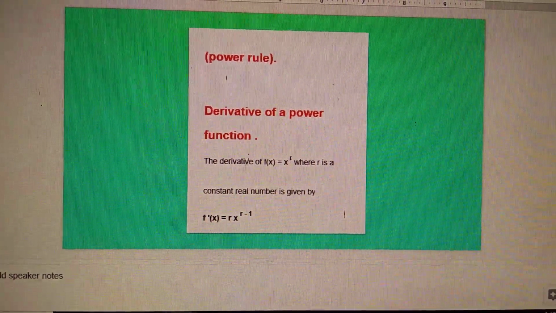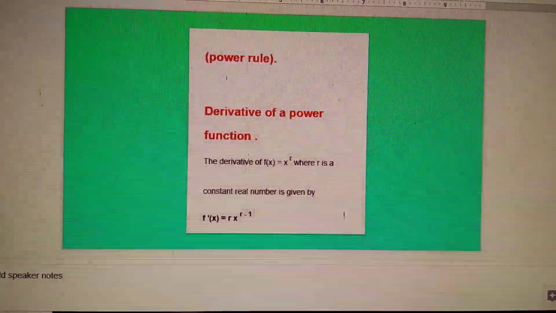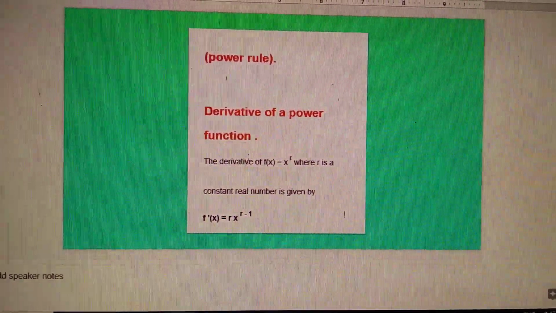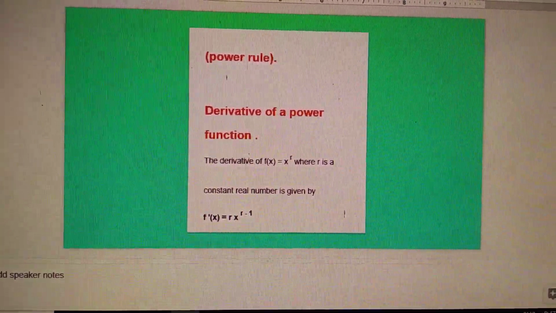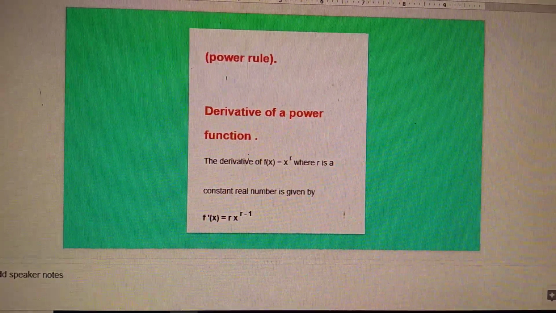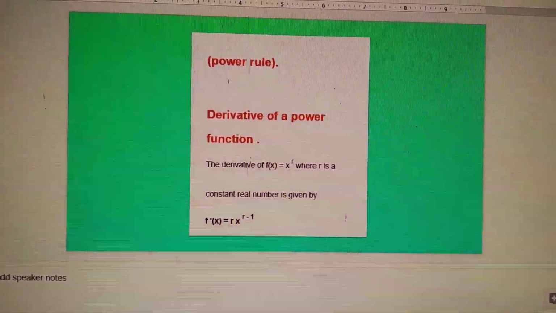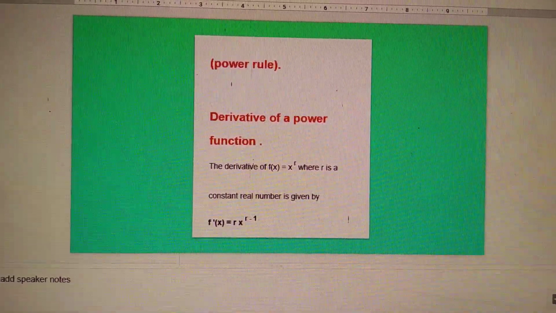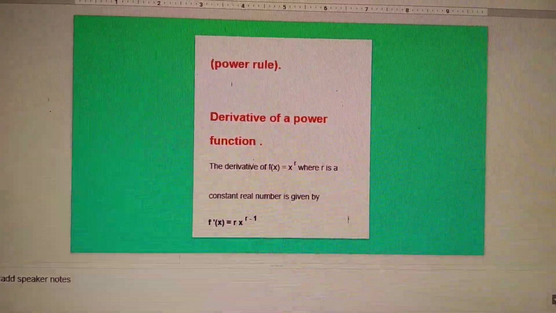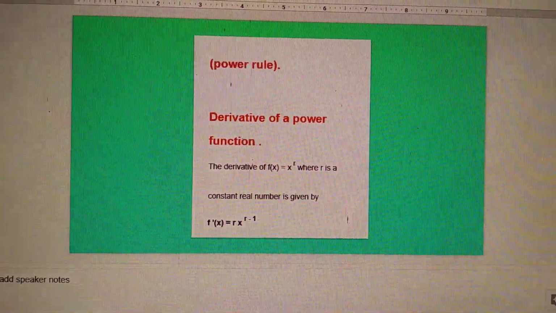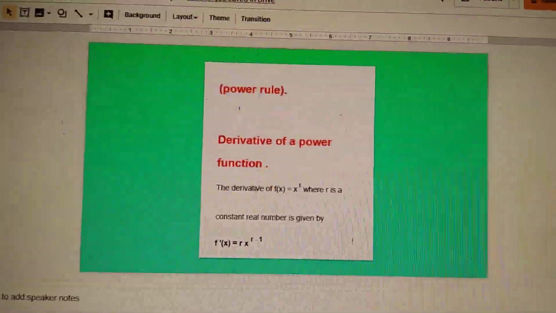Now in the working rule we want to say the derivative of a power is the power times the variable with power one less. That is, if f of x is equal to x raised to n, we have f dash x equal to n times x raised to n minus 1.